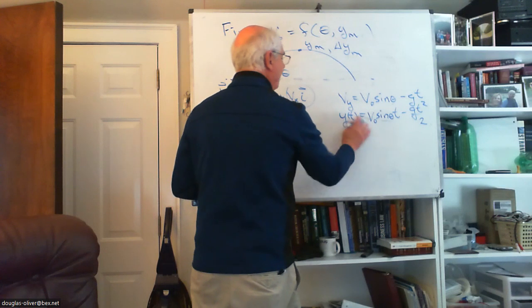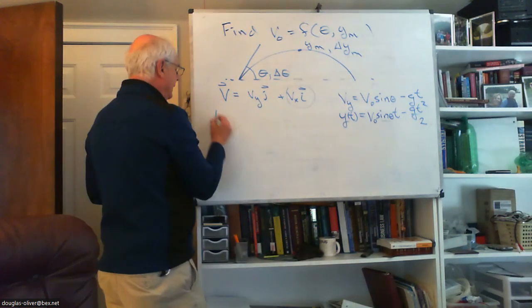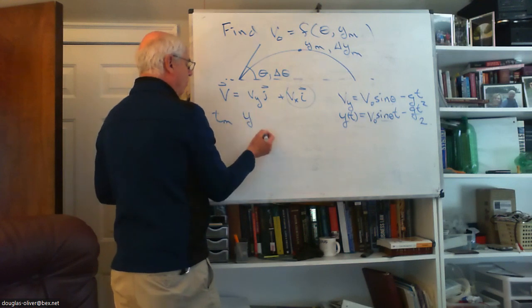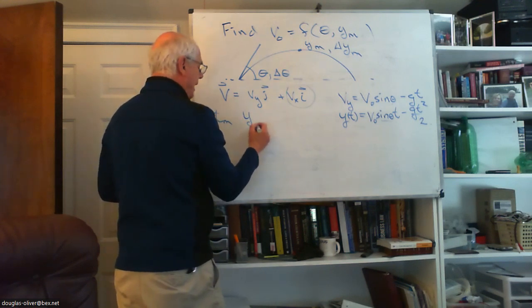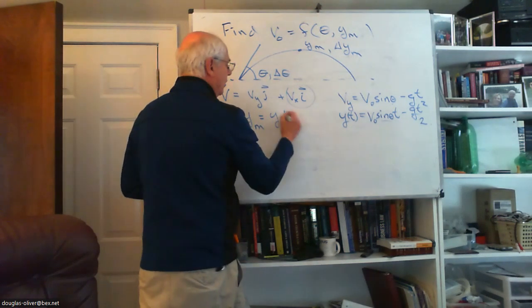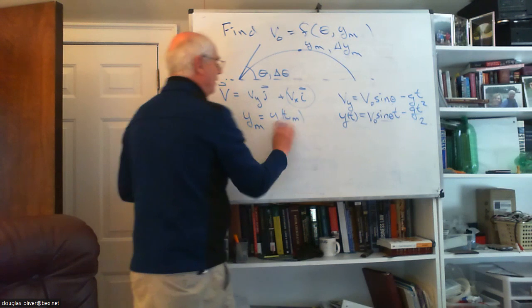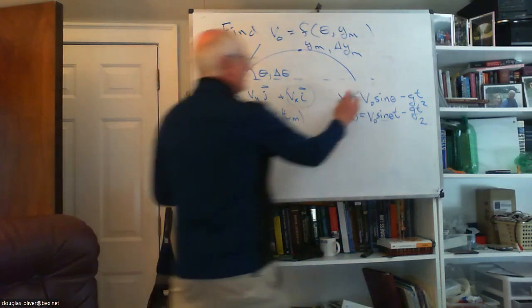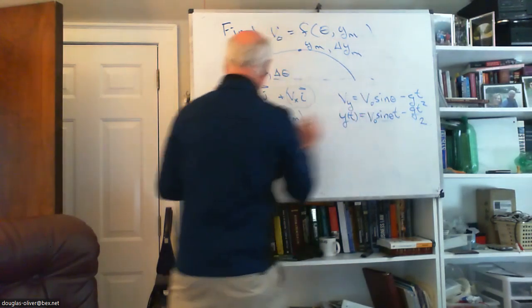Now let's look at this. I'm going to define Tm as the time at y maximum. So y maximum, ym, equals y when we have Tm. I'm going to find the time at which it's y maximum. Well, that's when the velocity in the y direction is 0.